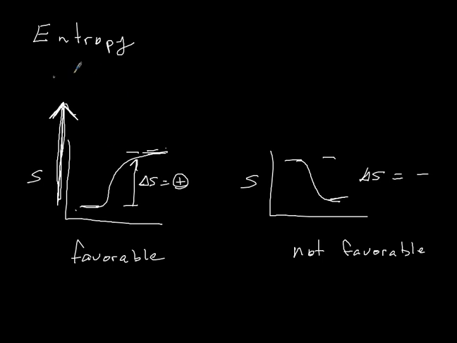Those are the two basic concepts that are going to play into the idea of spontaneity. So you have these two things at work here, and we're going to combine them into a new concept called Gibbs Free Energy. Gibbs Free Energy takes into account both the enthalpy and the entropy of a reaction and does the calculations to see if the reaction is spontaneous or not spontaneous.